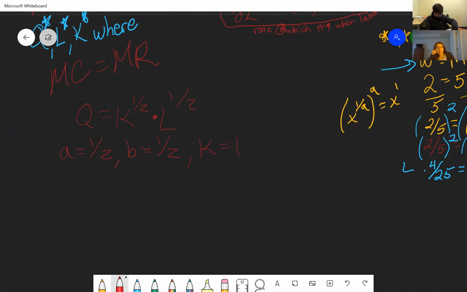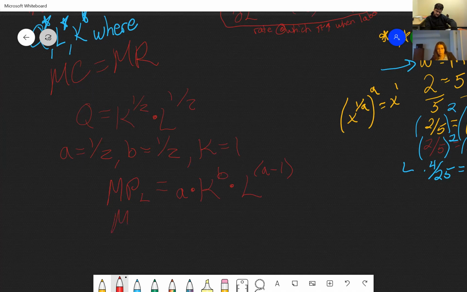And so as a result, I know that my marginal product of labor is equal to A times K to the B times L to the A minus 1. Since K is 1, the square root of 1 is just 1, right?